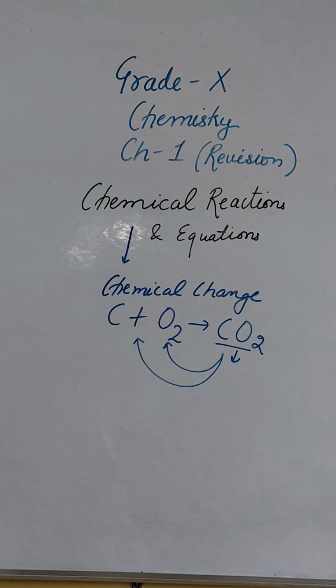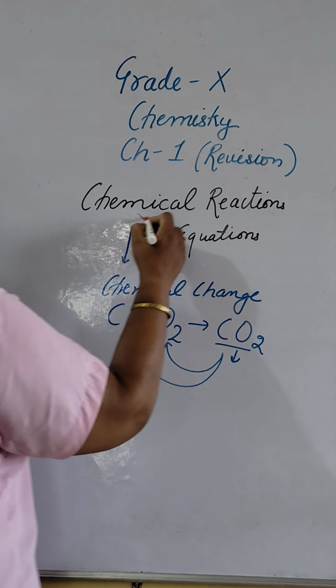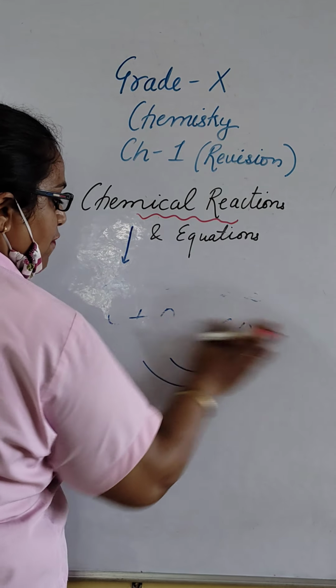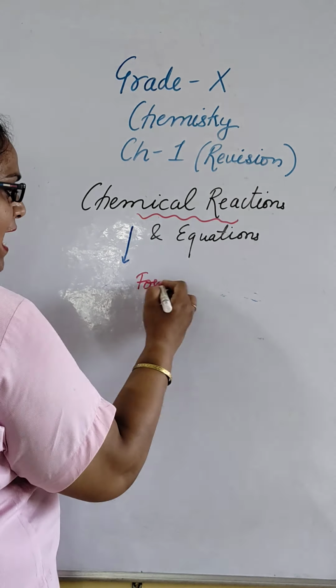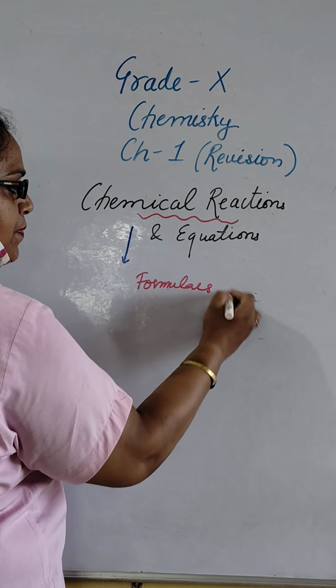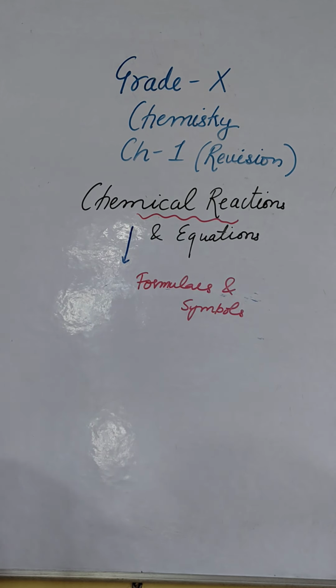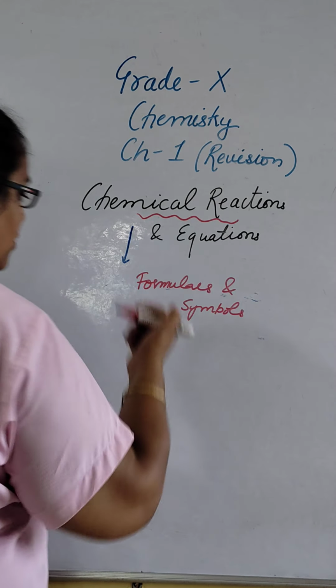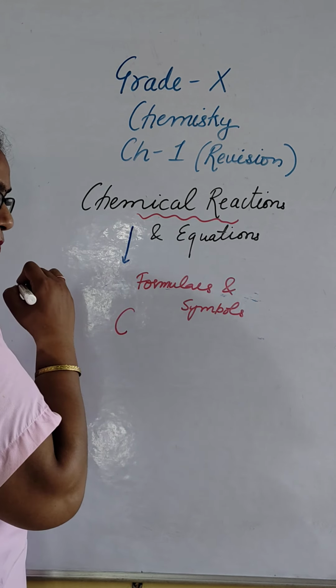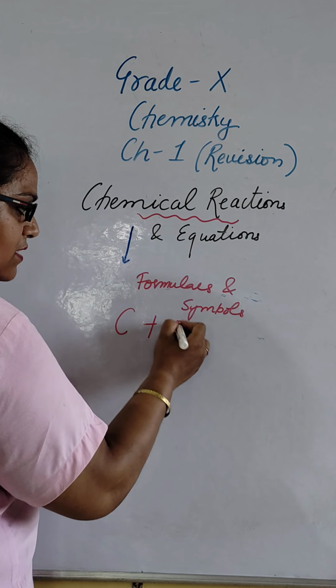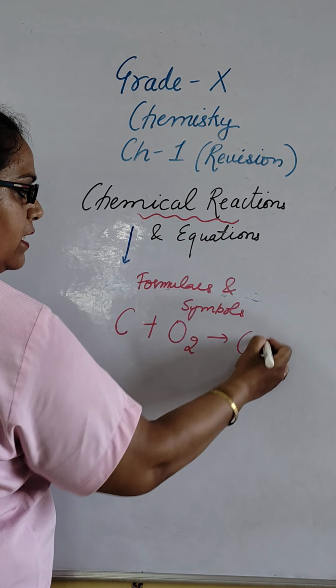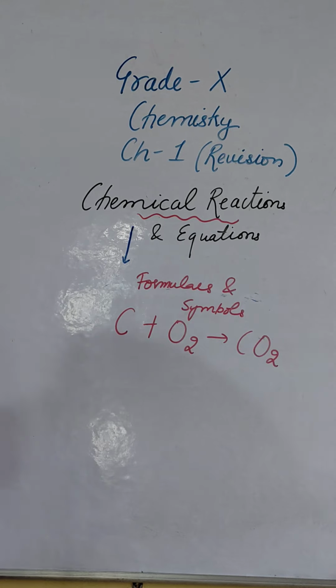Now, equations. An equation means the representation of a chemical reaction in the form of formulas and symbols. It is the shortcut representation of a chemical reaction. Suppose we have carbon that reacts with oxygen to produce carbon dioxide.